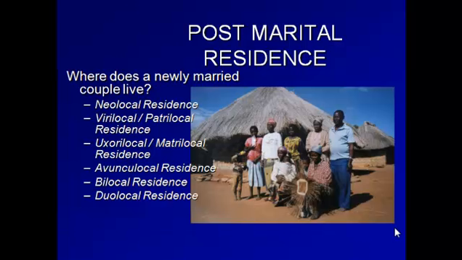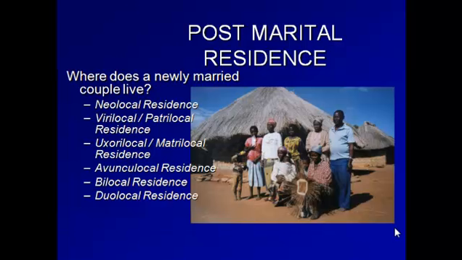So the Ashanti of Ghana, who traditionally lived in pretty large towns, have this form of postmarital residence. The husbands and wives live in the same town, but not in the same household. The ethnographic stories about this kind of marriage system describe how in the evenings you see young children carrying an evening meal from the wife to the husband's house, and the husband is living with his father.